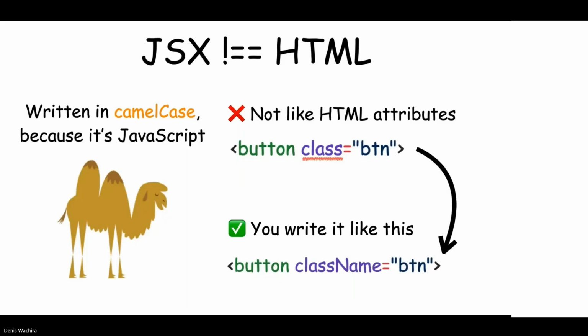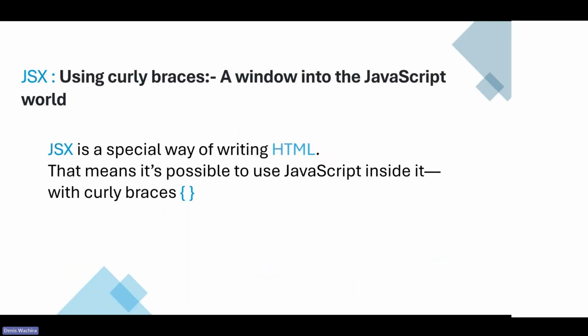So how do we use JSX? We use something we call curly braces, which is just a window to the JavaScript or TypeScript world. JSX is a special way of writing HTML, or we can say it's just HTML with superpowers. That's what we can say about JSX.